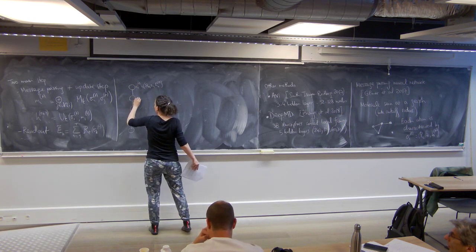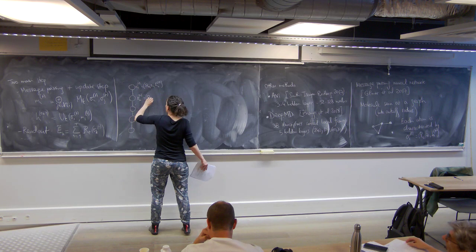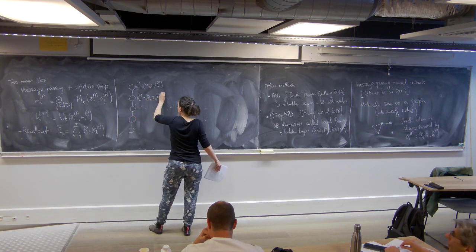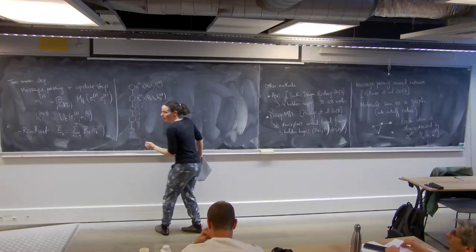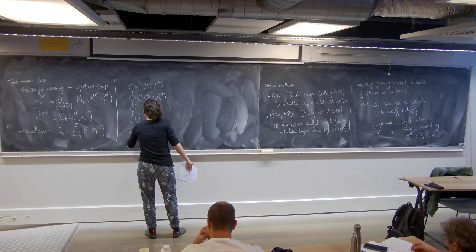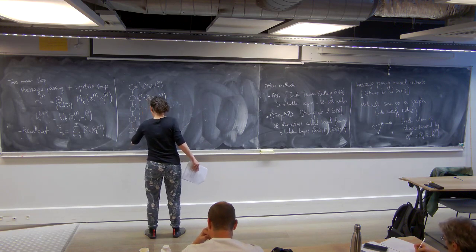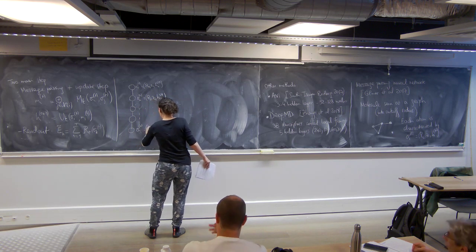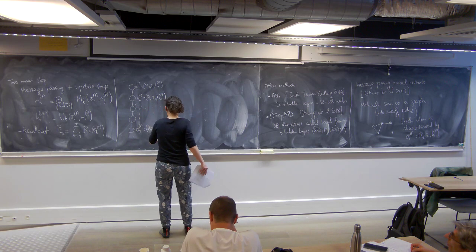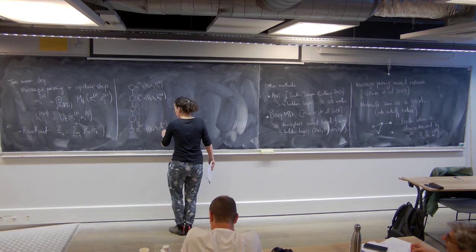Then I have the same for sigma_2: r_2, z_2, h_2 of 0, and so on up to sigma_5^0: r_5, z_5, h_5 of 0.